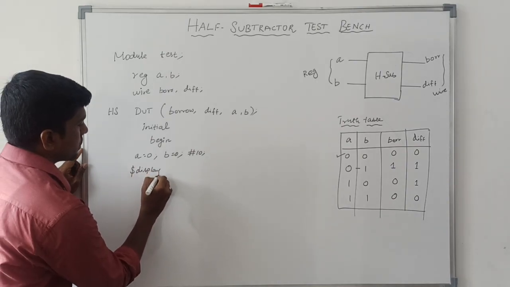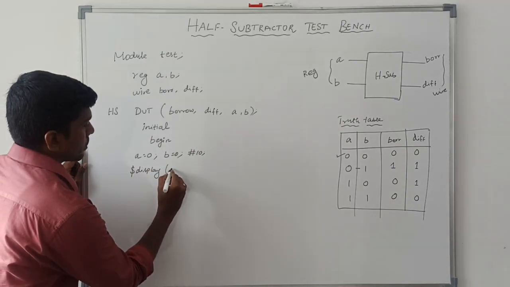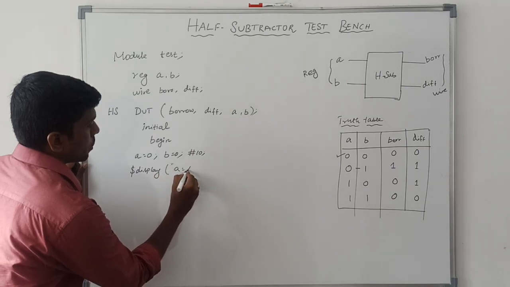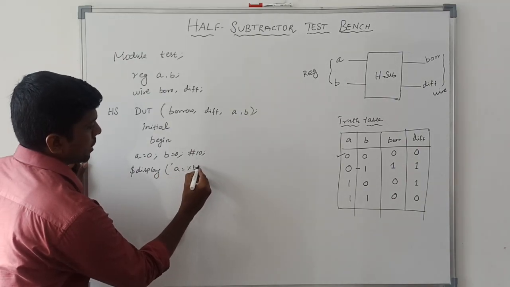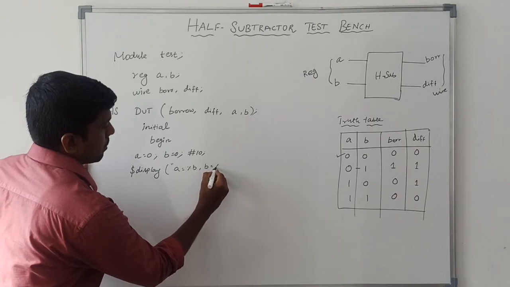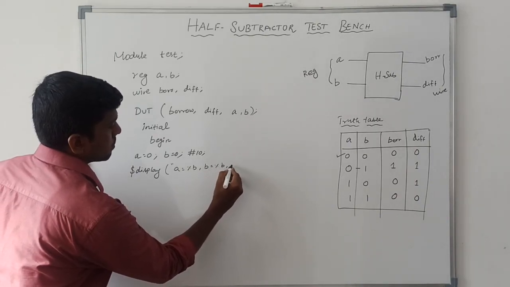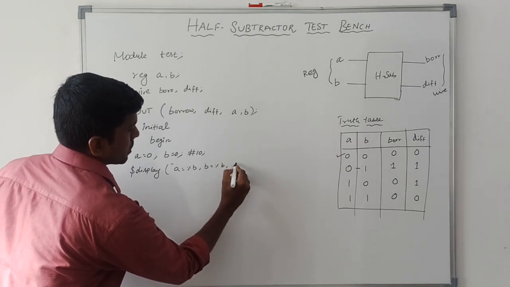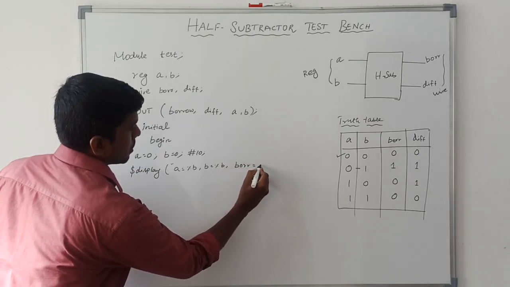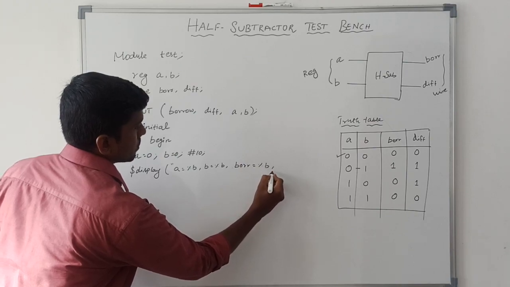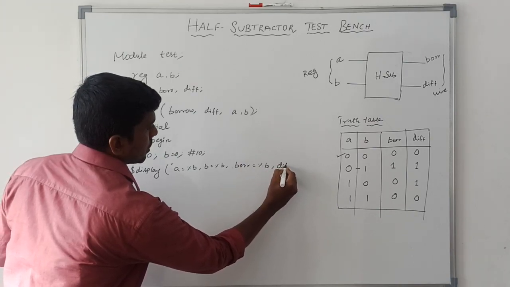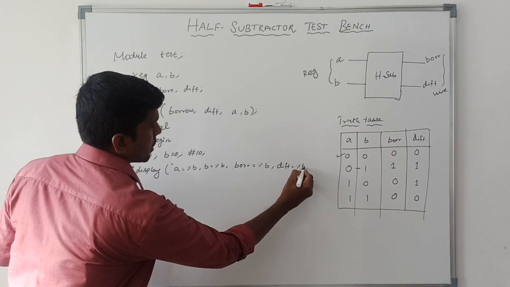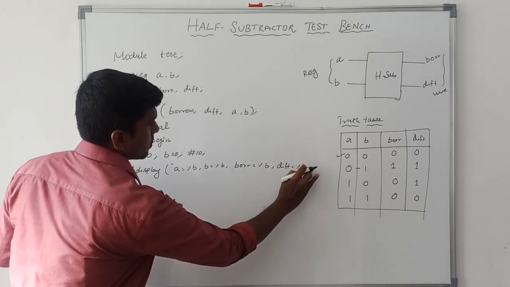So display A equal to percentage of b. It's a binary digit. B value also percentage of b. Borrow, percentage of b, then difference equal to percentage of b.